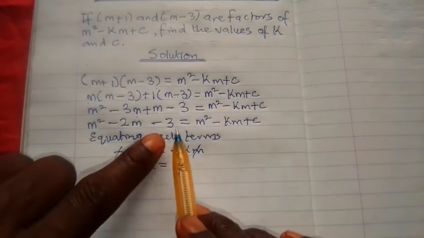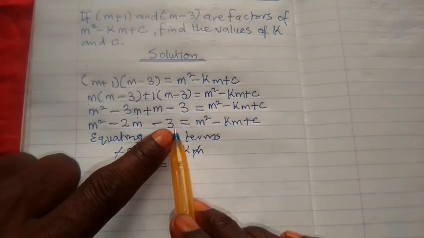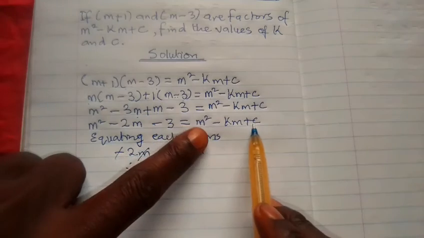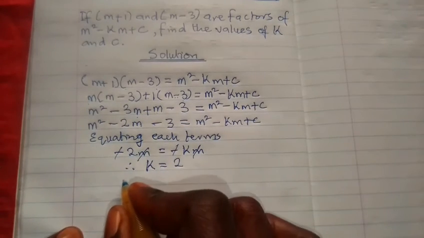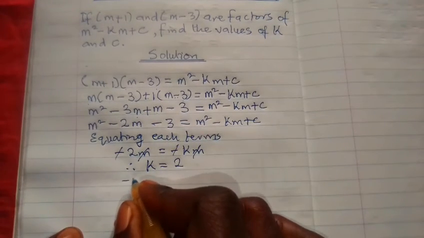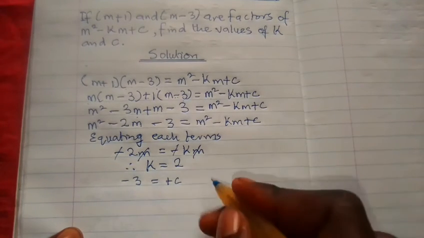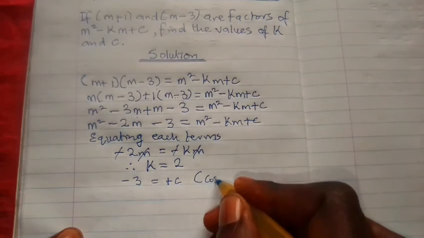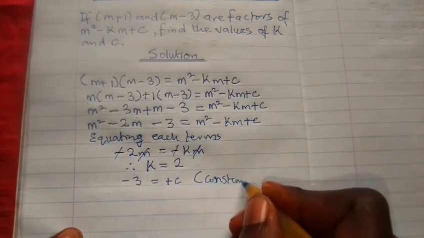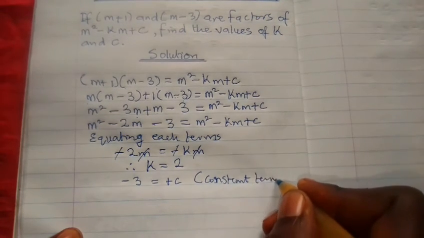Now let's go on ahead to still equate. Here we are still going to equate minus 3 to plus c. So we'll write it out. Minus 3 equals plus c. This is the constant term. That's what we just did now.